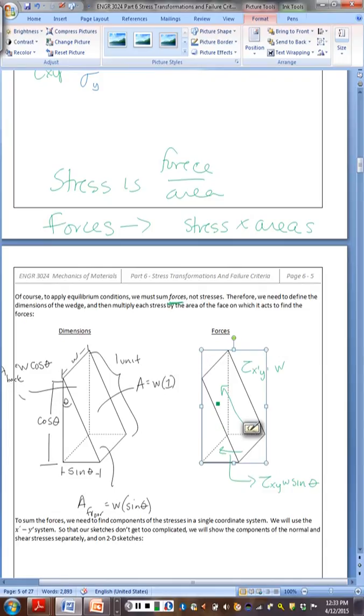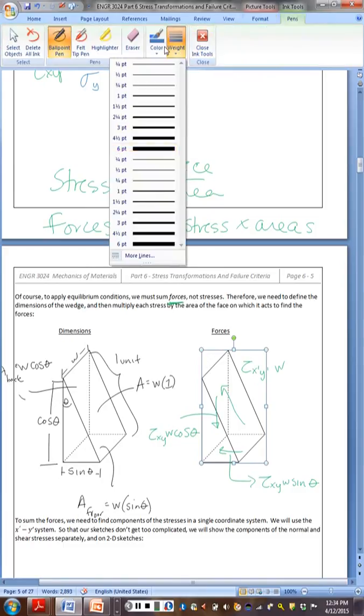And for our downward force acting on the back surface, we have tau xy times the area of the back, which is W cos theta. Okay, that takes care of the forces due to the shear stresses.